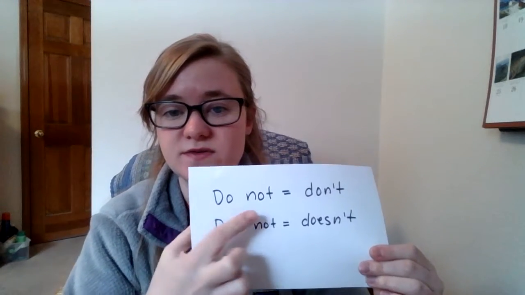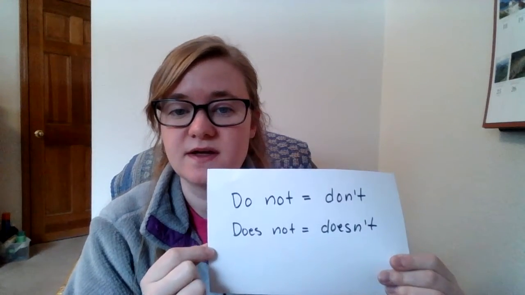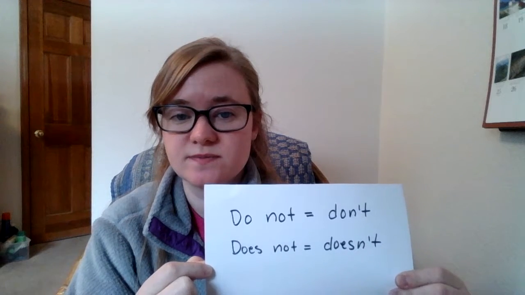Now we're going to do the present simple in the negative. This means it's something they do not do. Remember we have the words do not, and for he, she, it, it would be does not. So how do we shorten these?